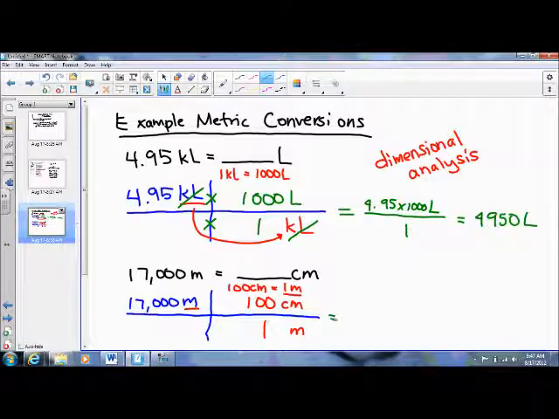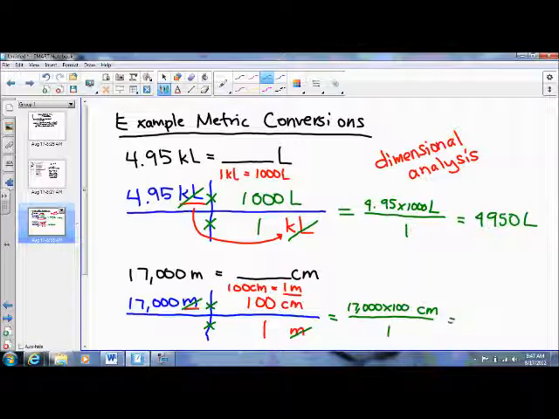Now it's a math problem. Cross out the units that I can cancel out. The centimeter doesn't cancel, so it's still going to be in the problem. Now I'm going to multiply. This is 17,000 times 100 all over 1.